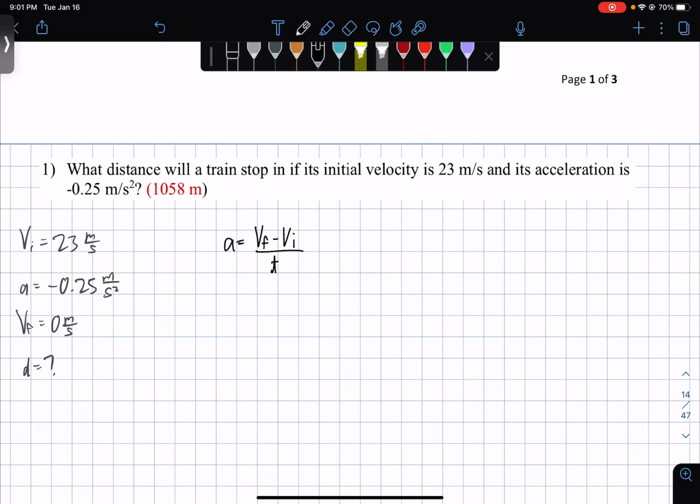Let's see if we can solve this way. So acceleration is negative 0.25 meters per second squared. Vf is 0, Vi is 23. Time is missing.